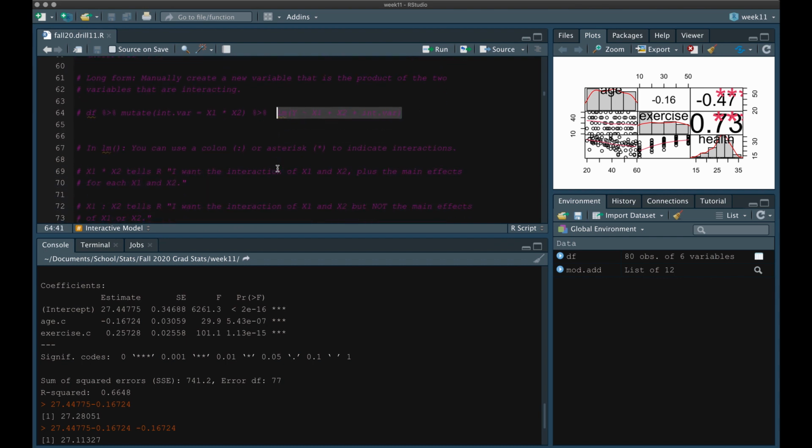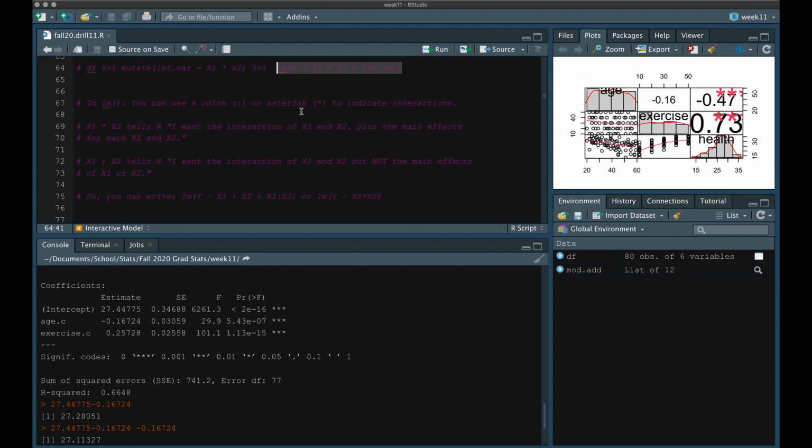Inside LM, you can use a colon or an asterisk to indicate interactions. The asterisk tells R that you want not only the interaction, but also the main effects of each of the two variables. So x1 asterisk x2 says I want the interaction of x1 and x2 plus the main effect of x1 and the main effect of x2. Whereas a colon says I want the interaction but not the main effects.